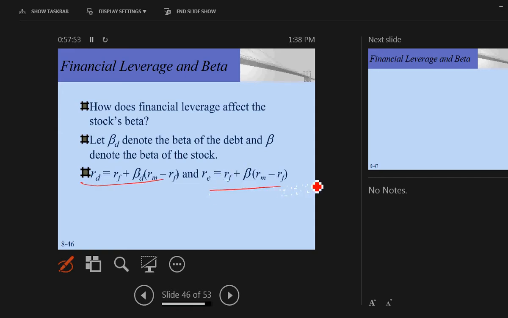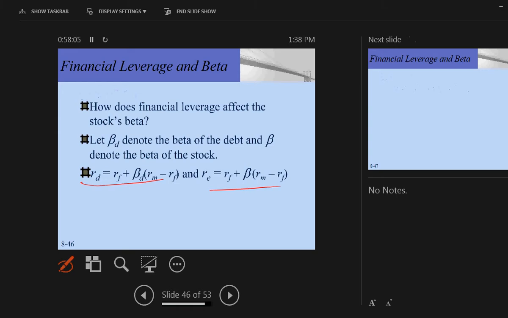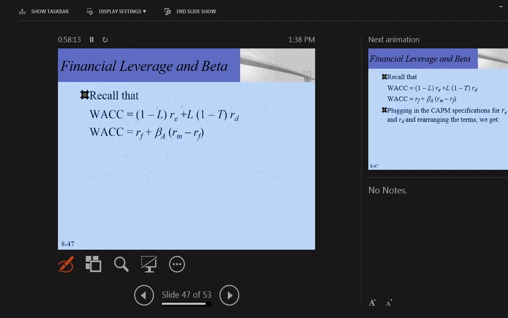Now, let's recall the weighted average cost of capital formula. I have these two relationships. If I plug RE and RD from the previous slide into this formula, and for WACC I plug this, what I end up with is something quite interesting.